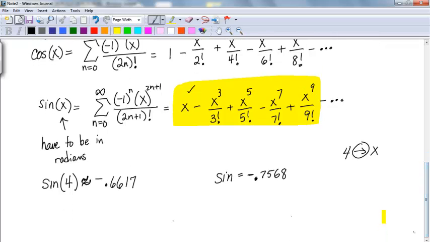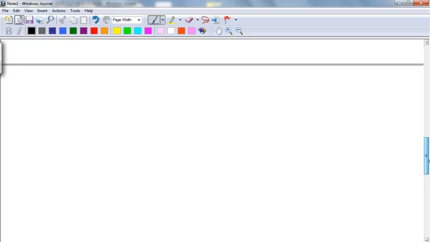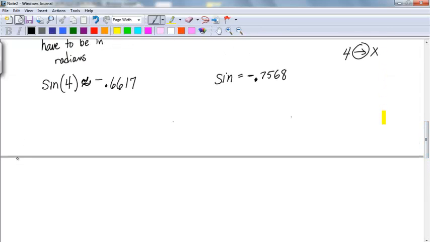Draw another little separator. This is another formula.